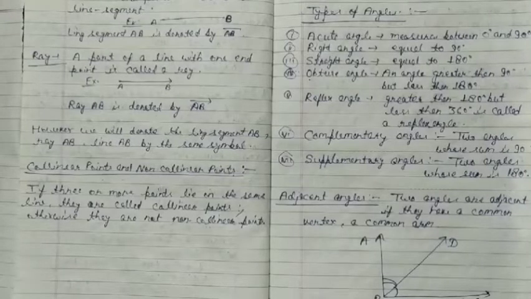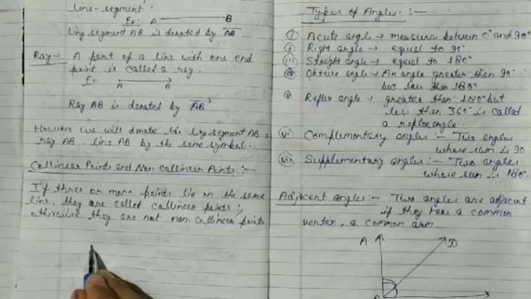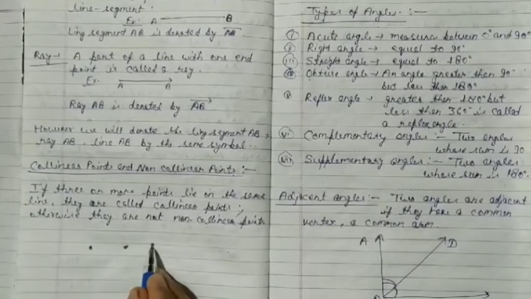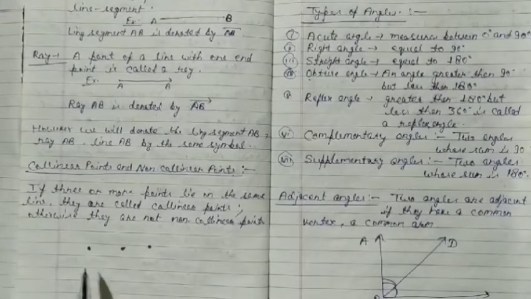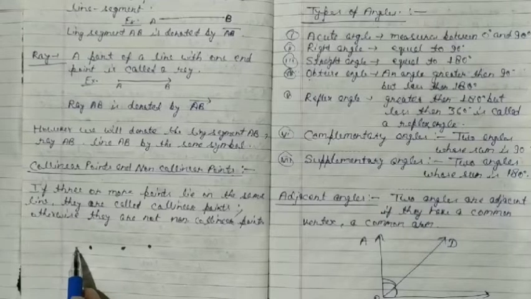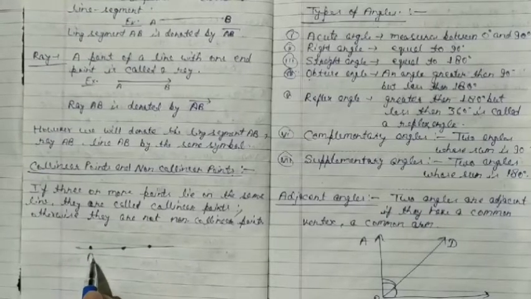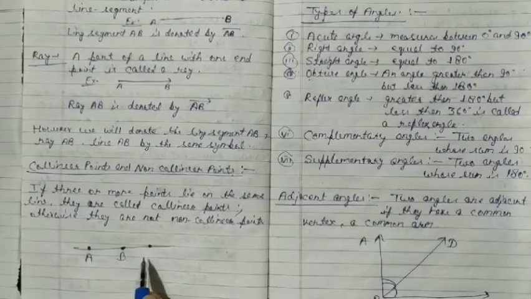Example, let we have 3 points like this. These 3 points are known as collinear points because all 3 points lie on the same line. Point A, point B and point C are collinear points.